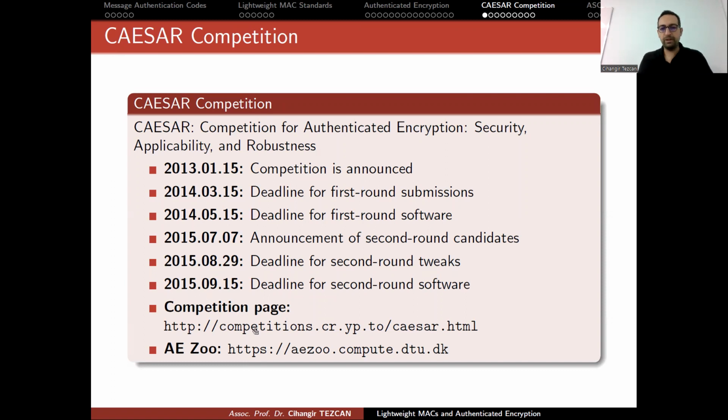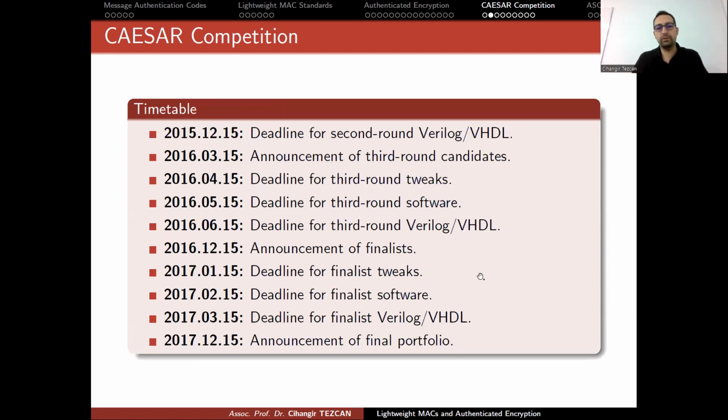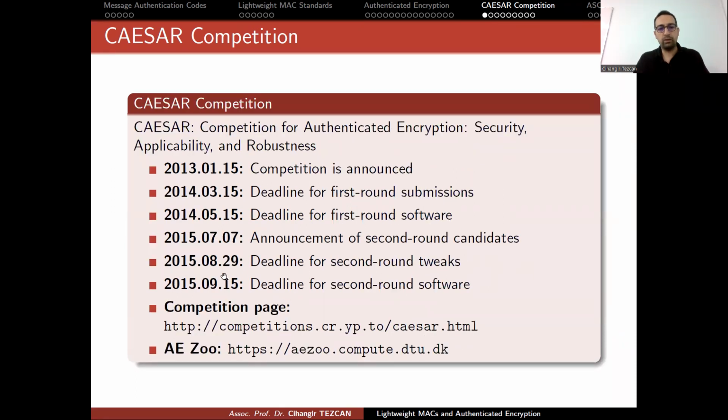The competition page is available here, and the Authenticated Encryption Zoo web page actually gives you all the information about the competition, algorithms, attacks, and so on. So I took some screenshots from these web pages in the following slides. I said that it ended in 2015, but of course that was not correct. The competition was announced in 2013.